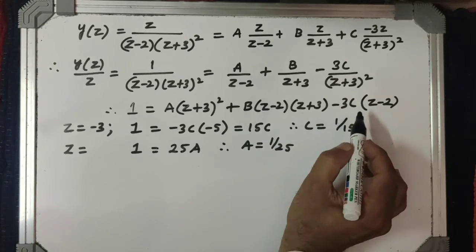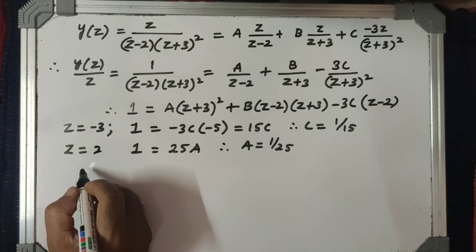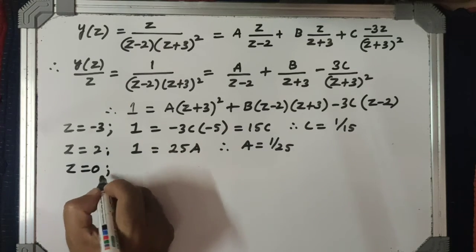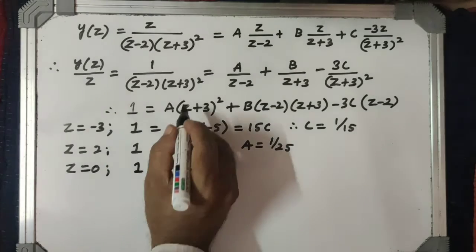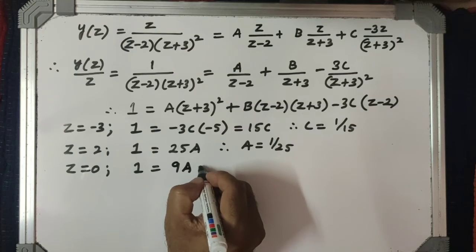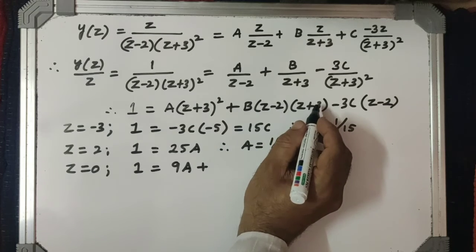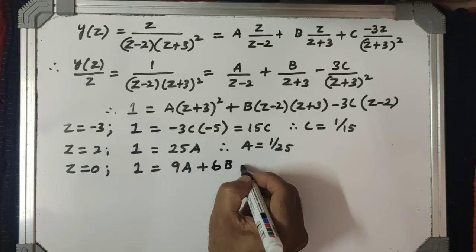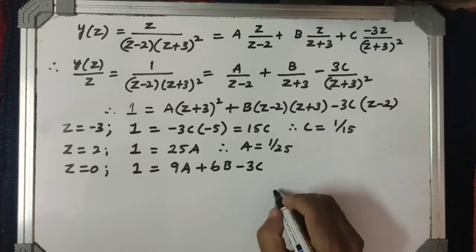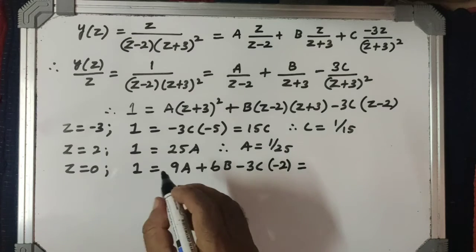Now we can assume any value here. Put Z equal to 0. So when Z equal to 0, the left hand side is 1. 0 plus 3 is 3, 3 squared is 9, so 9A, plus 0 minus 2 is minus 2 and 0 plus 3 is 3, giving minus 6B, minus 3C into Z, which is 0, into minus 2. So this is equal to 9A.